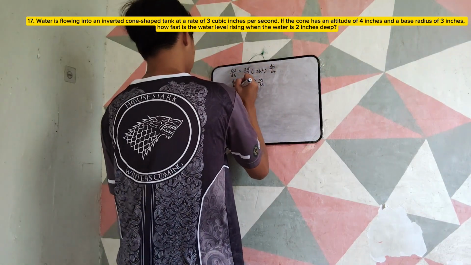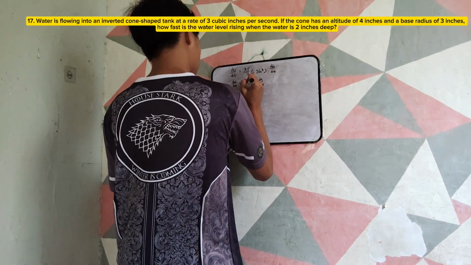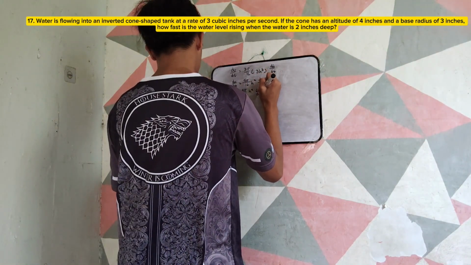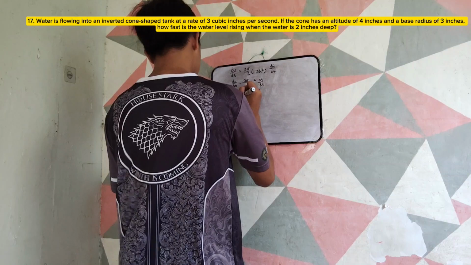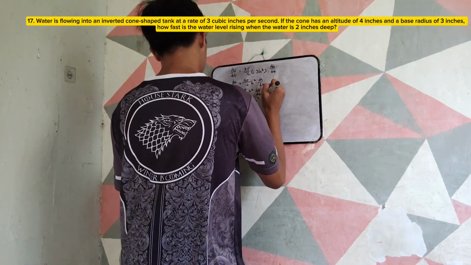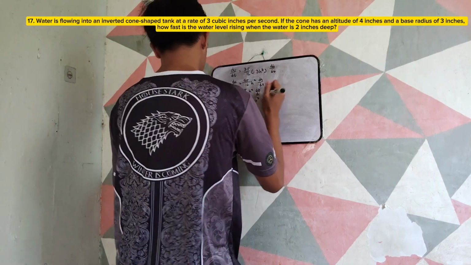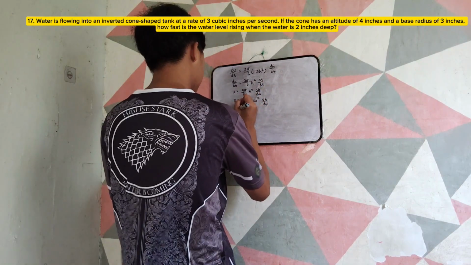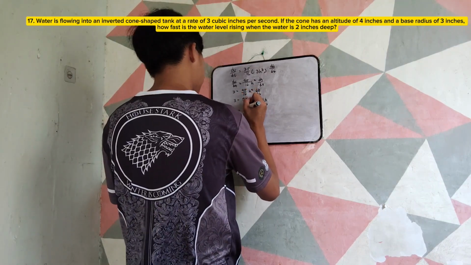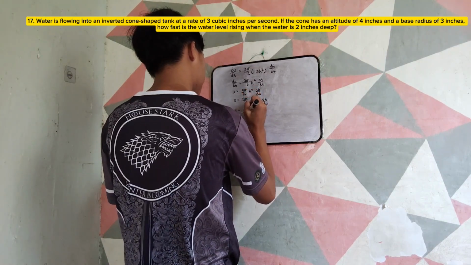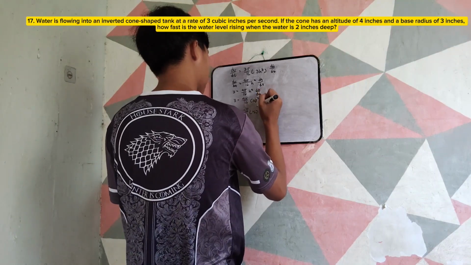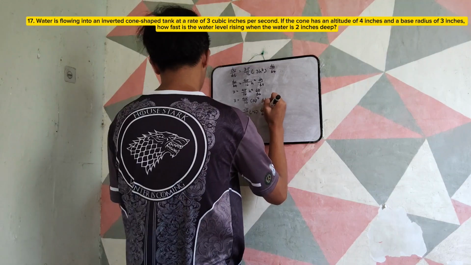So dV over dt is equal to 3 times 9 pi all over 16 height squared dH over dt. So 3 is equal to 9 pi over 16 times 2 squared dH over dt. So 3 is equal to 9 pi over 16 times 4 dH over dt.